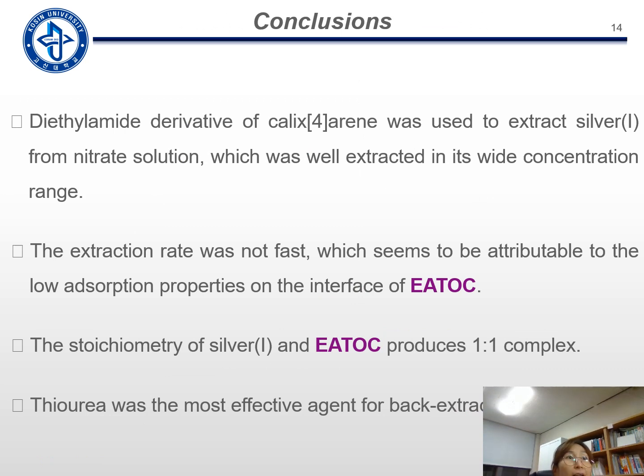Finally, these are the conclusions of my research work. A diethylamide derivative of calix arene was used to extract silver ion from nitrate solution, which was well extracted in a wide concentration range, and the extraction rate was not fast, which seems to be attributable to the low adsorption properties on the interface of EATOC.